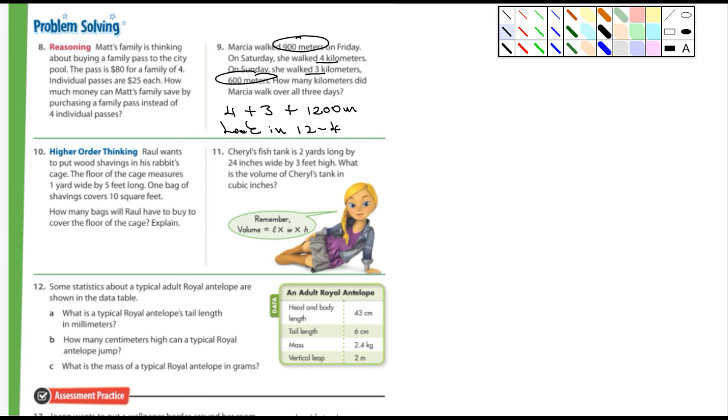So that's in the beginning of 12.4. It's on page 502. So 1,000 meters is 1 kilometer. That should help you answer that question. I'm going to highlight that one too.